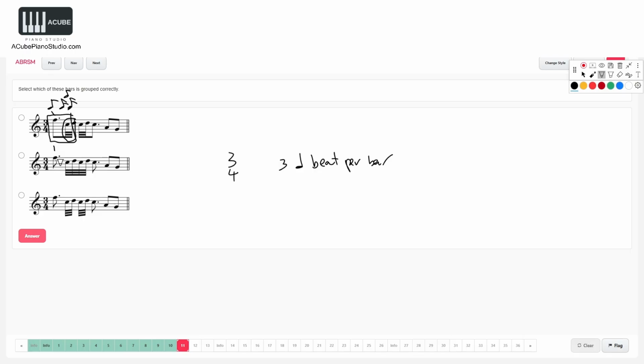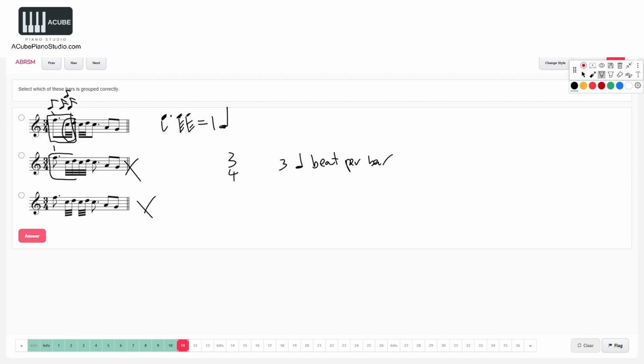Okay, if you look at this, we know that 1 dotted quaver plus 2 demisemiquavers is equal to 1 crotchet beat. So the rest are all wrong already, because you should group the notes in 3/4 time beat by beat.